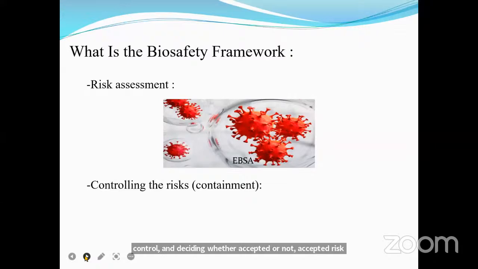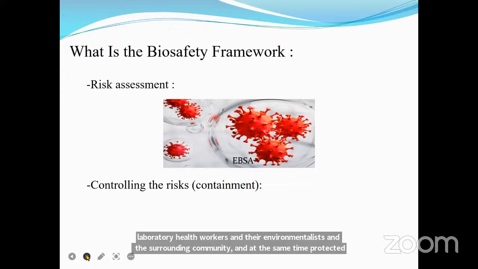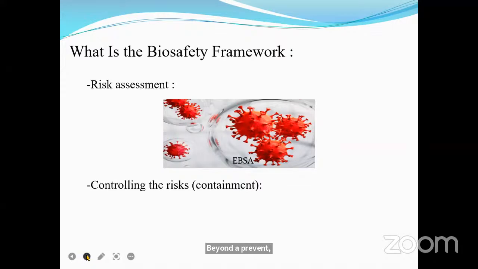Mainly, we do that to protect laboratory health workers, their environment, and the surrounding community, and at the same time to protect the patient by preventing specimen contamination in the laboratory.